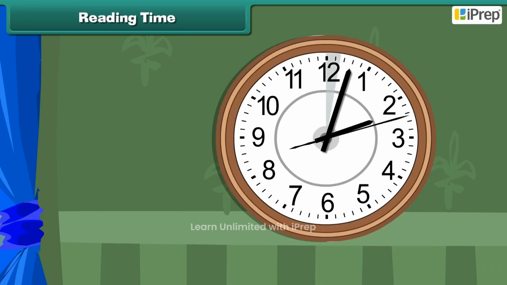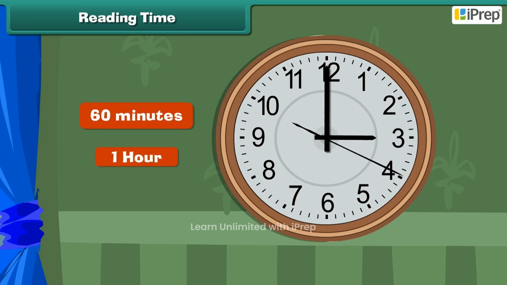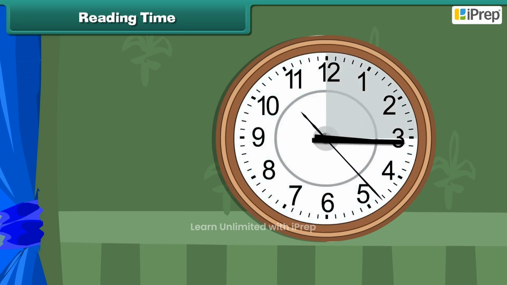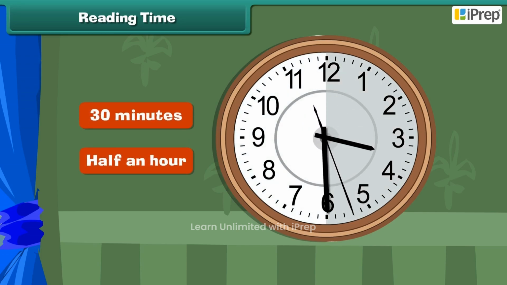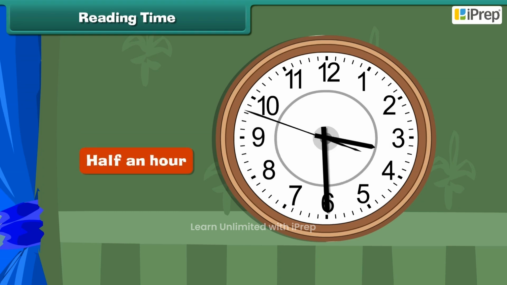Reading time. We just learned that there are 60 minutes in 1 hour. This means that there are 30 minutes in half an hour. An hour is completed when the minute hand completes 1 full circle from 12 to 12. When it completes half a circle from 12 to 6, half an hour is completed.